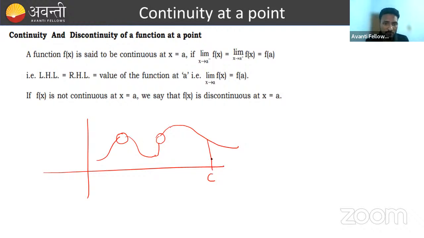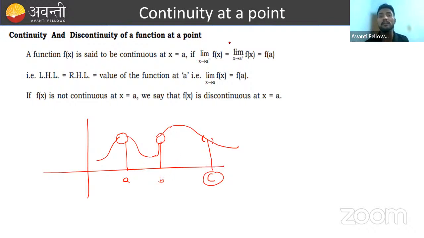We have to just see the neighborhood, LHL and RHL. If all are equal, then we will say that yes, this function is continuous at point C. But I know that at A and B it is discontinuous, but we are not talking about it. So this is called continuity at a point.